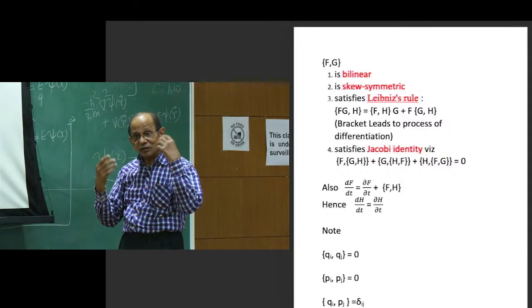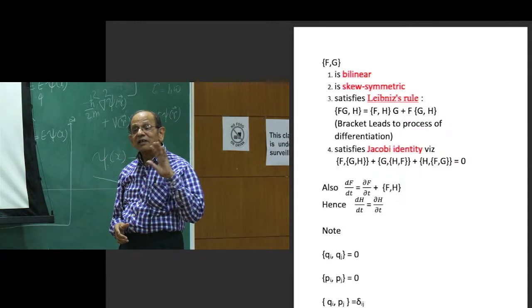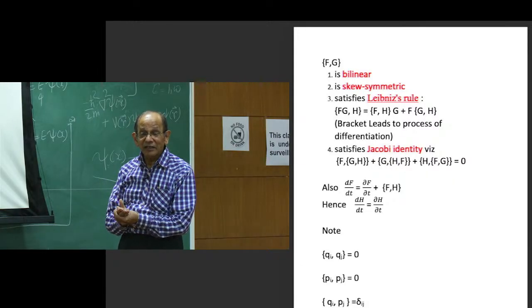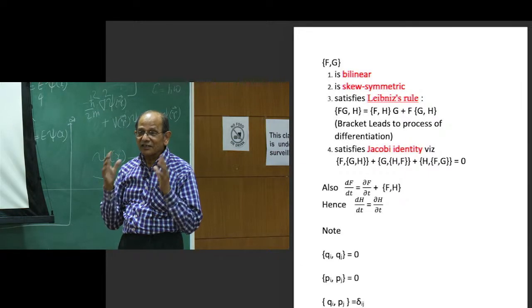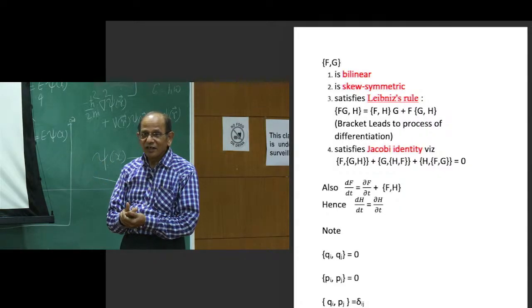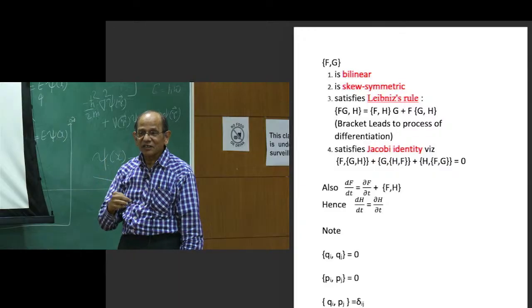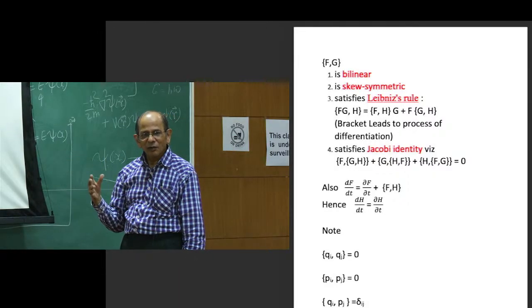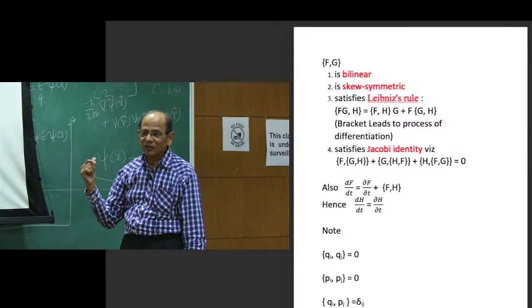Therefore, in the space of observables, you can define a derivative, and this was what Dirac considered an important point when he used Poisson brackets to study his quantization procedure. And then from Poisson brackets he went to commutator brackets that these people will tell you about.